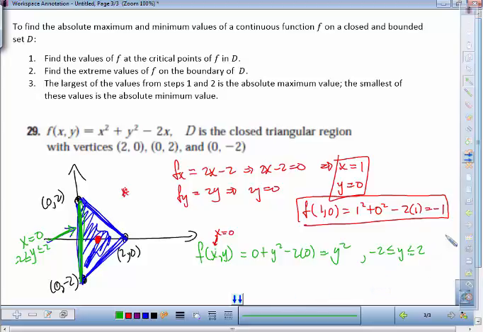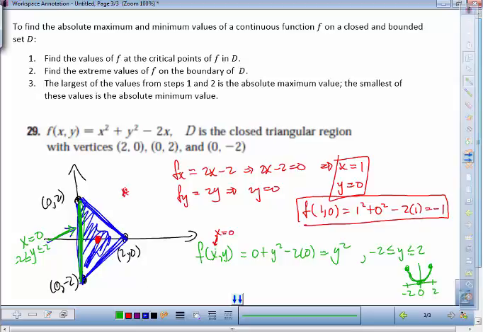I can do the symbolic analysis for that, but I think if I just look at my graph, I can tell what's happening. I have a min at 0, and I have 2 local maxes here at 2 and -2.